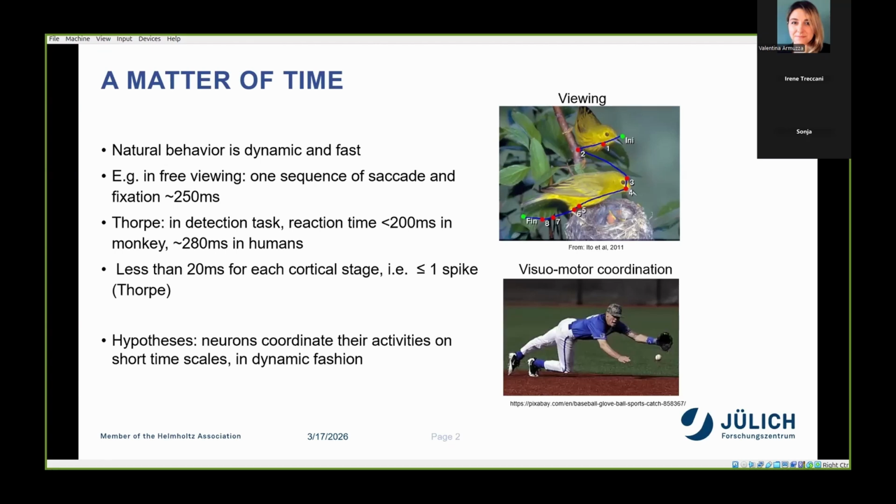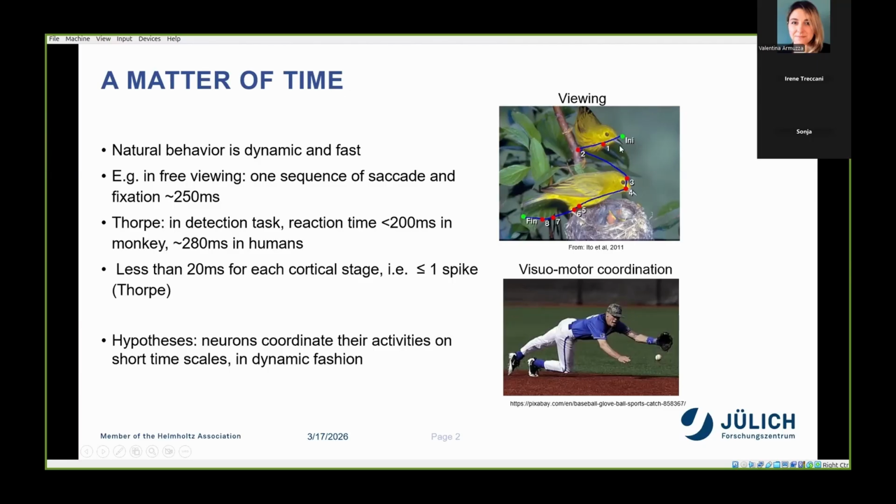Now, our natural behavior is typically dynamic and fast. So for example, if you play a game with a ball, you have to catch the ball. Everything is done in milliseconds, hundreds of milliseconds.